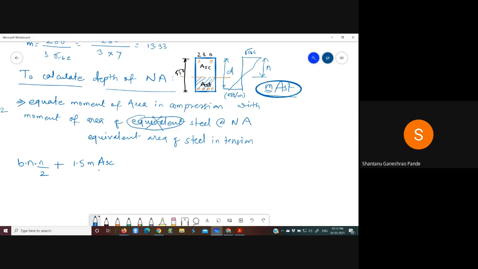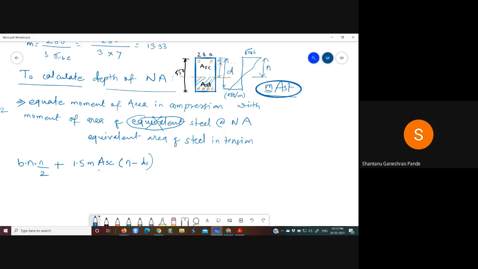Now the centroidal distance of this area. At this level it is provided, and this particular distance is DC. So N minus DC is the centroidal distance for this bar. So 1.5 m ASC into N minus DC. Now Bn square by 2 is the area in compression of concrete.